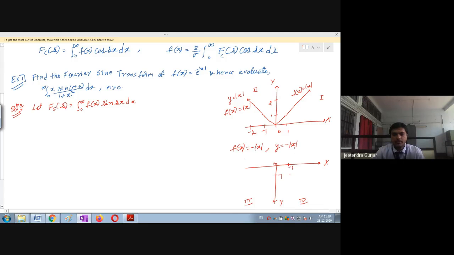Similarly, if I substitute x is equal to minus 2, then mod gives plus, and the outside minus is there, so y will become minus 2. So like this we get this straight line where x is negative, y is also negative. Therefore, this curve will come in the fourth quadrant.